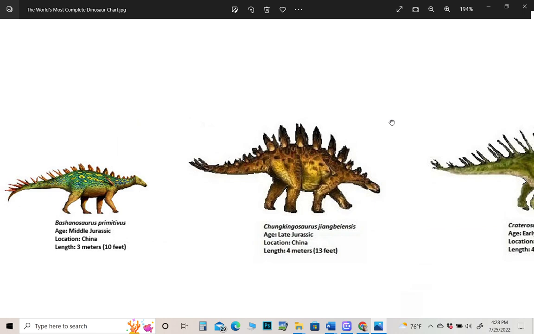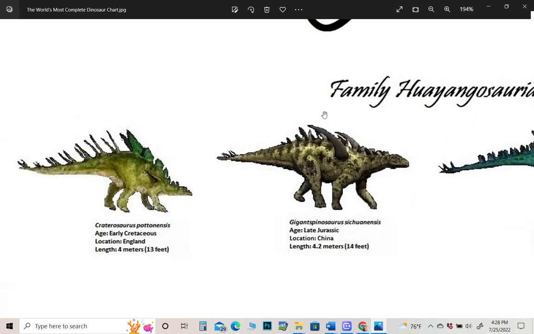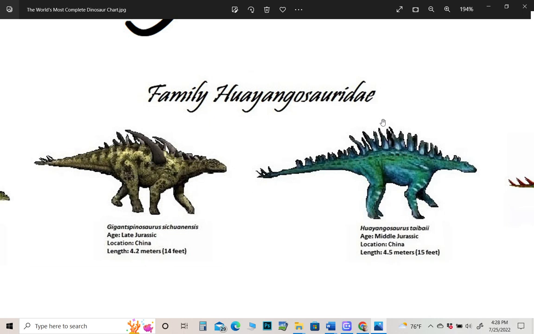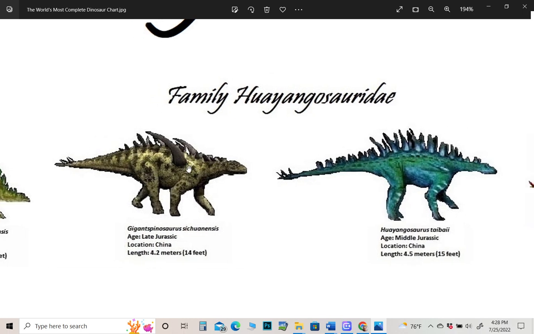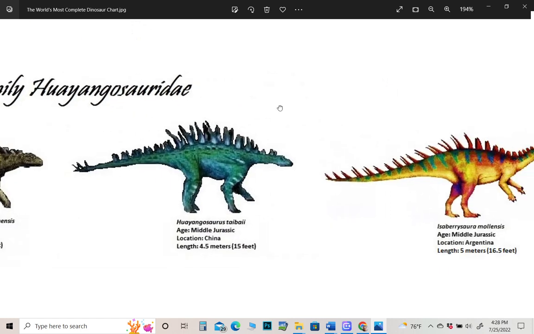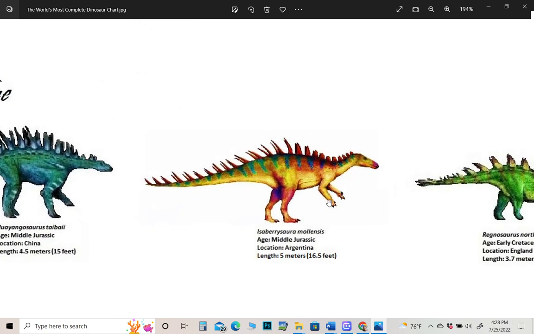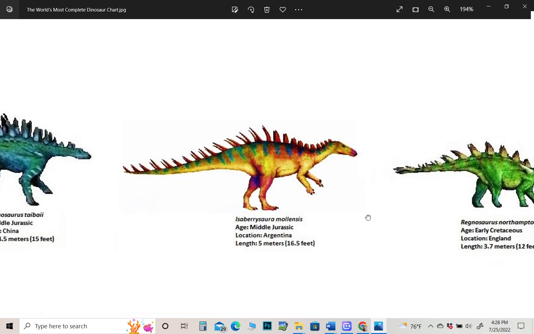Basanosaurus, Chungkingosaurus, Craterosaurus, Gigantspinosaurus, with the huge spines coming out the sides. That one's in the Jurassic World Evolution game, by the way. Huayangosaurus, which is also in Jurassic World Evolution. Isaberrysaura. This is a very unique dinosaur that is transitional still, and it's like a bipedal stegosaur.